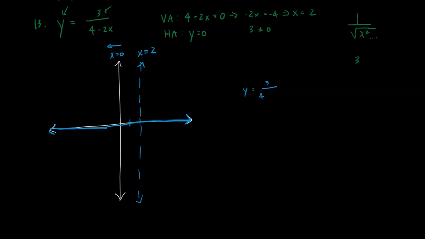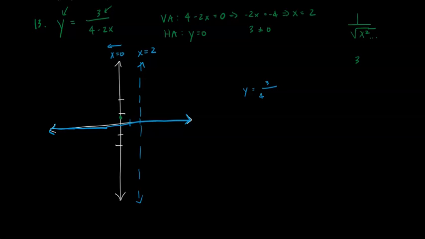So 0, and then 0.75, which let's go ahead and draw. 0.75 is going to be right there.